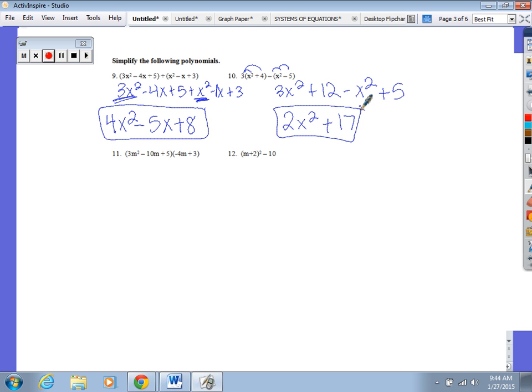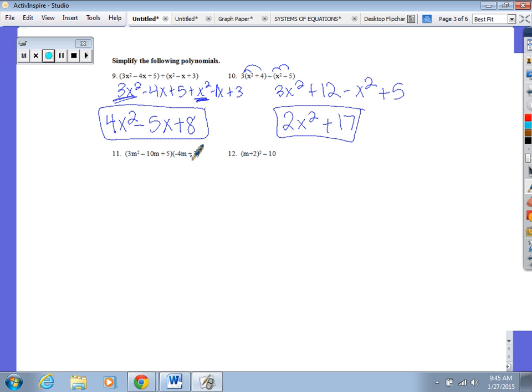Okay, number 11. What would we do for that one? Why do I do rainbows for number 11? Very good, because they're touching. When two parentheses are touching, they want to multiply. All right? So, we're multiplying these. Remember, that's when you multiply numbers. And what do you do with the exponents? You add the exponents. All right. Now, you could either draw your little symbols if you wanted, or what else did we talk about doing?